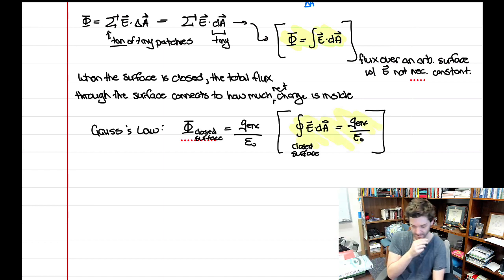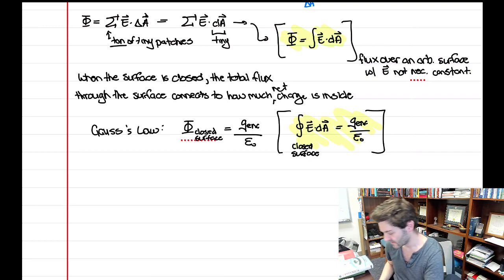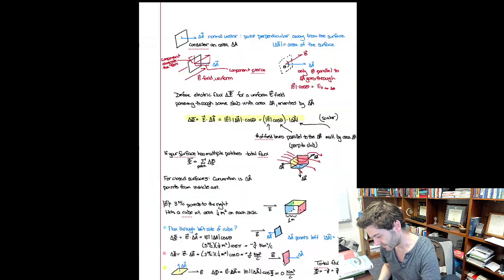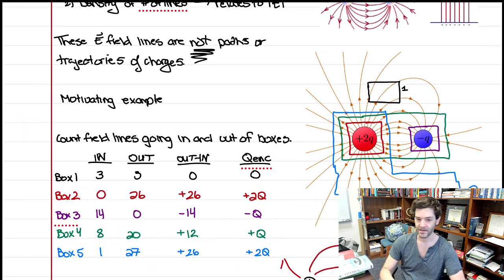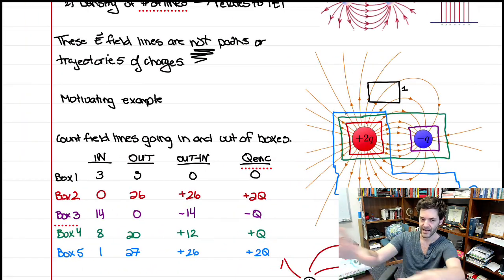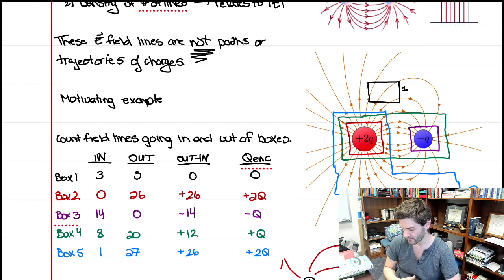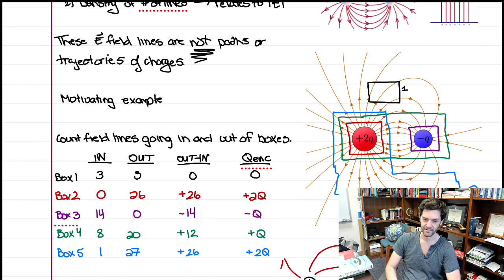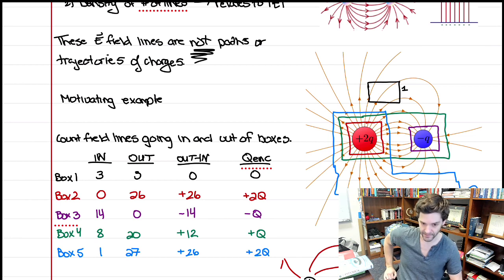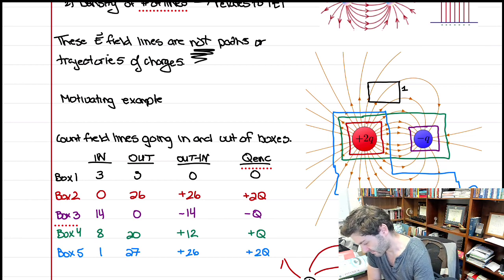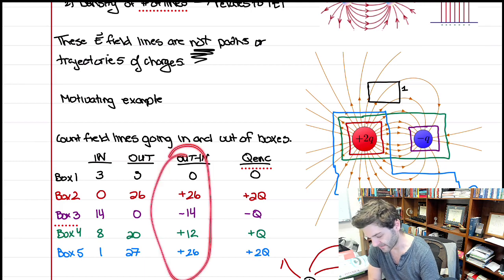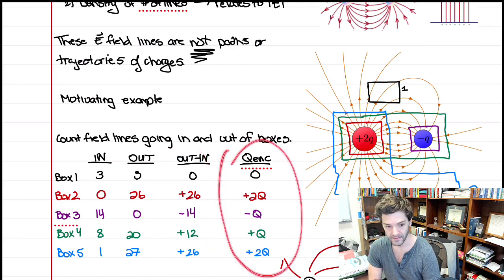Or Gauss's law. There is a relationship to electric flux, which, going back to our motivating example, we saw that there was some connection between how much stuff goes in and out of these kind of surfaces, which we drew as kind of boxes of different colors, and some of them were kind of weirdly shaped. There was a relationship between the net flux and the enclosed charge.